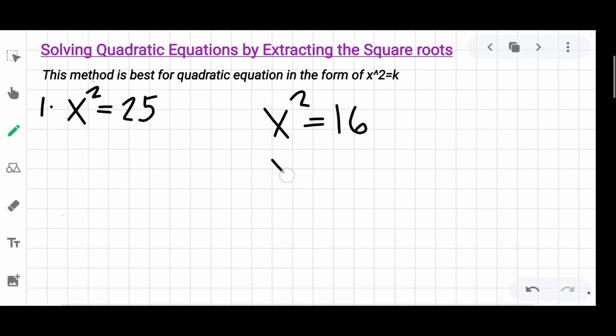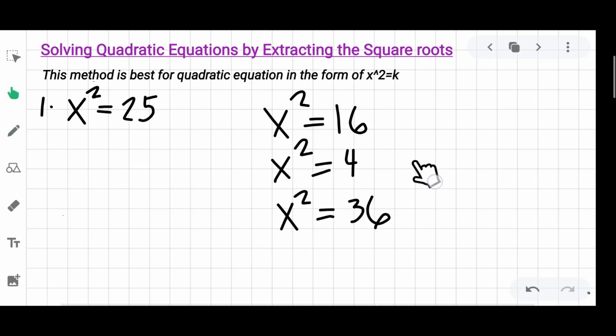Another example is x squared equals 4. X squared equals 36. So, mamaya i-explain ko kung bakit kaya madaling gamitin ang extracting the square root kapag ganito ang itsura or ganito ang form ng ating quadratic equation.